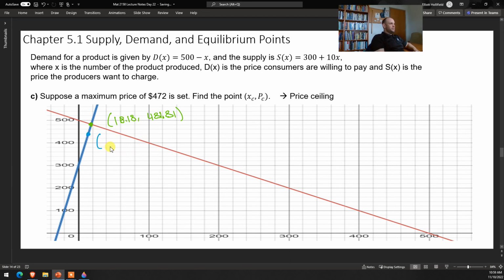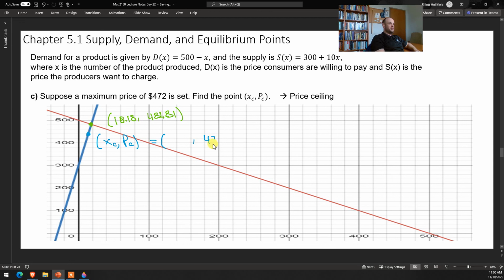And so now we want to find this ordered pair we'll call X sub C, P sub C, which is the units produced and the price corresponding to our price ceiling. Of course, we already know what the Y value is. The only question is, what is the corresponding X value?